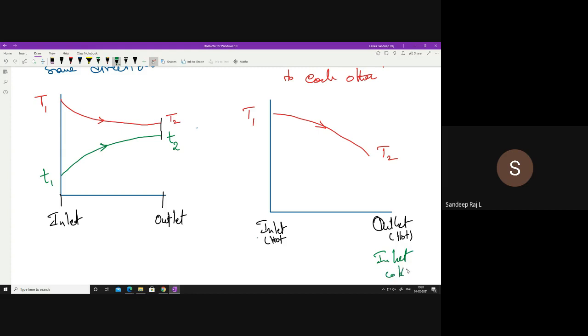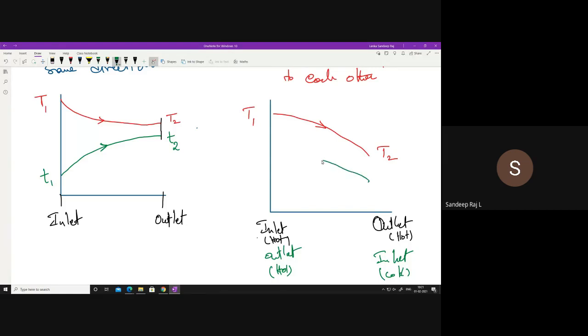This is the cold inlet. Outlet will be here. So if I have to draw, I have to start from this side. Okay. When I start from this side, what happens to the cold one temperature?